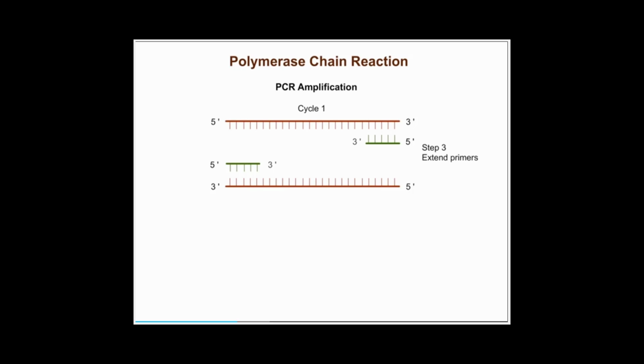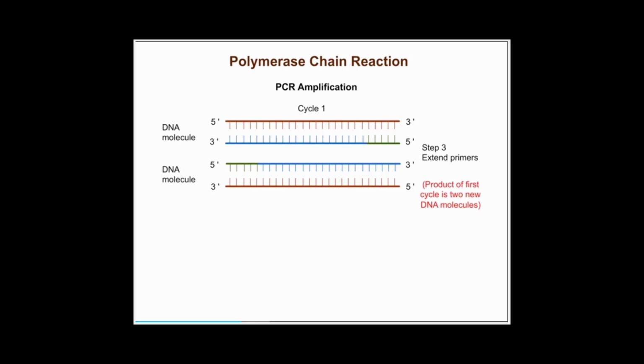In the third step, a DNA polymerase extends the primers by adding nucleotides in the 5' to 3' direction, making a double-stranded copy of the target DNA. DNA synthesis is performed at temperatures between 70 degrees Celsius and 75 degrees Celsius.